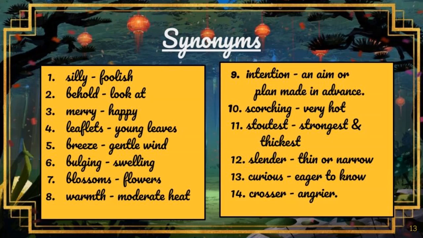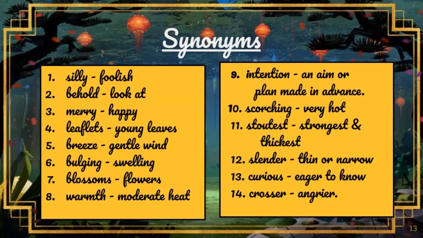Let's move to the ninth one, intention. Intention means an aim or plan made in advance. Let's move to the 10th one, scorching. Scorching means very hot. Let's move to the 11th one, stoutest. Stoutest means strongest and thickest.